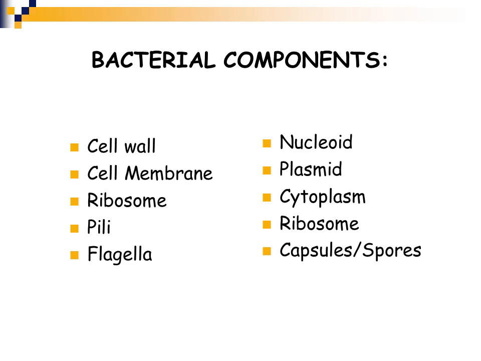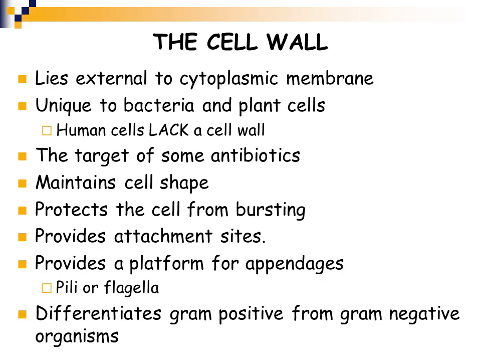So again, we have cell wall, cell membrane, ribosomes, pili, flagella, nucleoid, plasmid, cytoplasm, your typical components of cells, with a couple of different things that are specific to the bacterium, such as capsules and spores and flagella and a couple of other things that you wouldn't normally see in a eukaryotic cell.